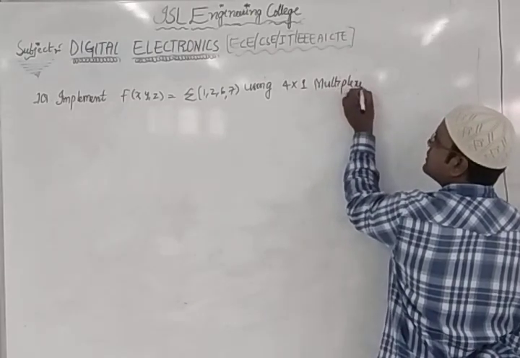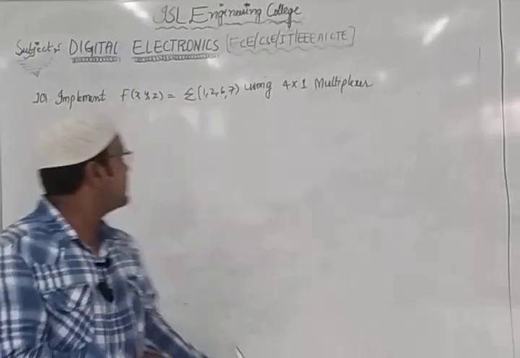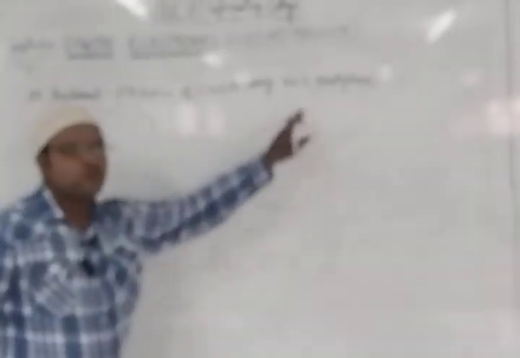So we have this question. They gave these particular min terms, 1, 2, 6, 7, and we need to design this using the 4:1 multiplexer.